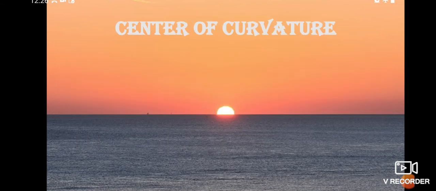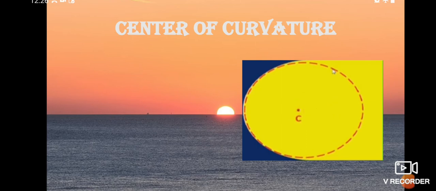Now we are going to learn about the terms which will help you to draw the ray diagrams. Okay students, the first one is center of curvature. What is that? Here I have taken a sphere-shaped object.